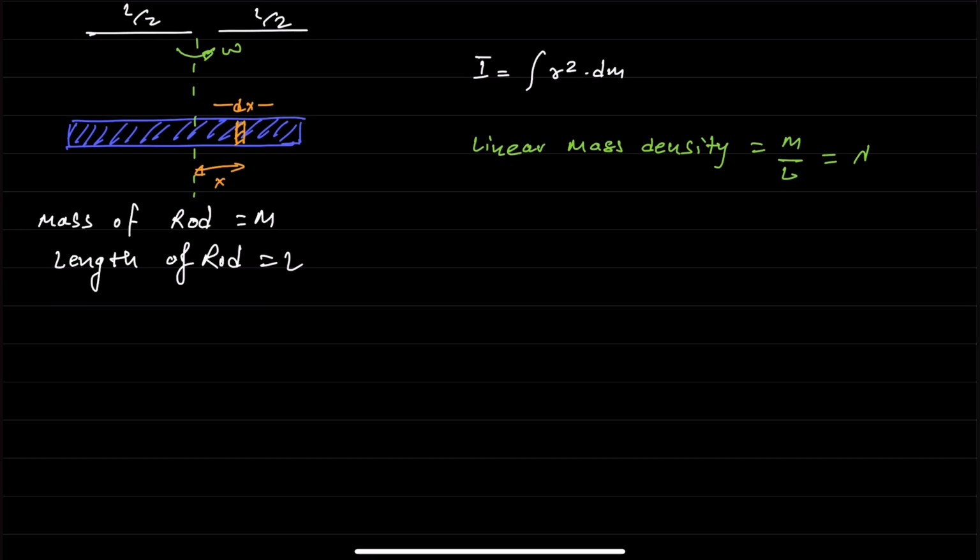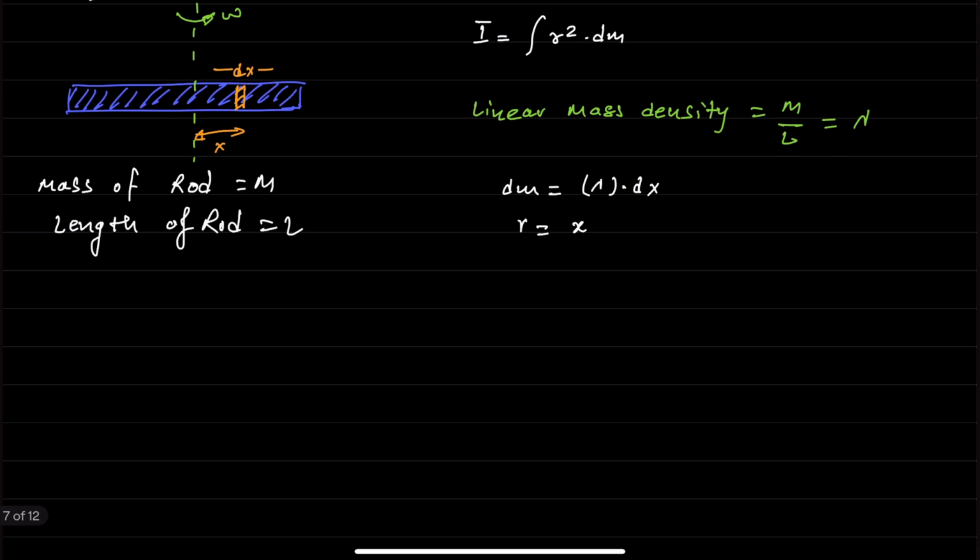So let's find dm. dm is the mass density multiplied by thickness, lambda multiplied by dx, right? This is the mass of the element, and the perpendicular distance will be equal to x. Now let's place the values into the equation of continuous mass distribution. So I is integration of x square lambda dx.